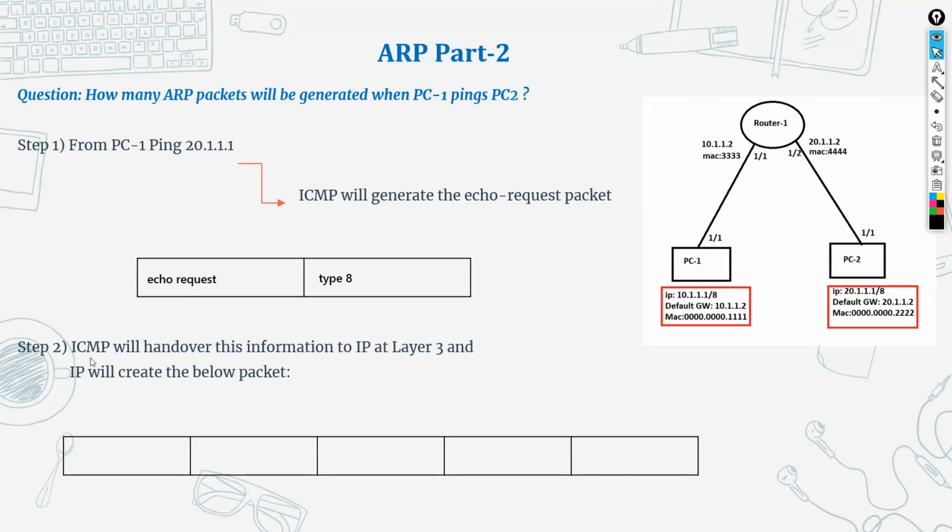Then ICMP is going to hand over this particular information that is just created to IP at layer 3. And now IP is going to take action on this information, and it is going to add extra information at its layer, right? So let's see what are the different information it is going to populate.